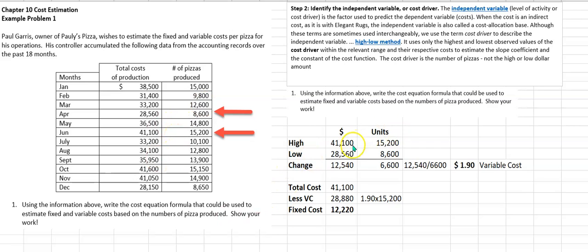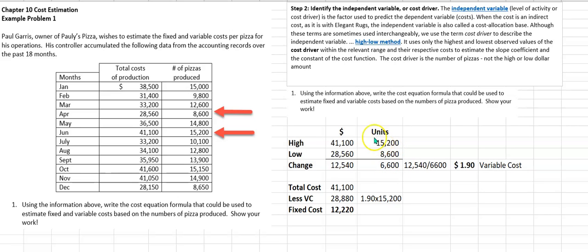Let's do units first. High units are 15.2, and my low units, I started out with 86.50, but 8600 is the low, and then check it just for that purpose.